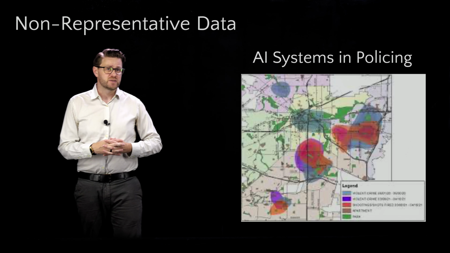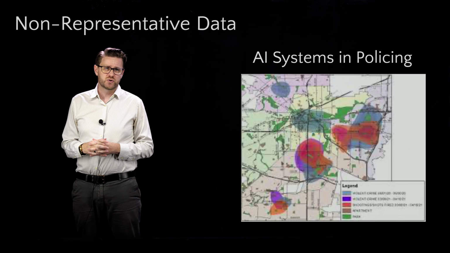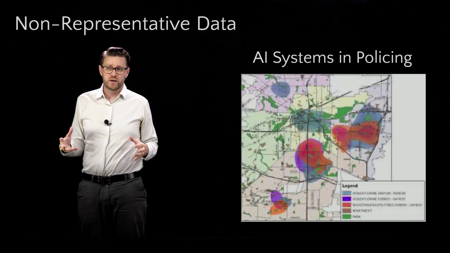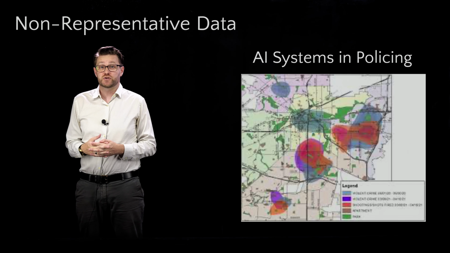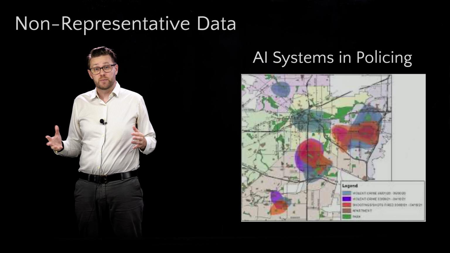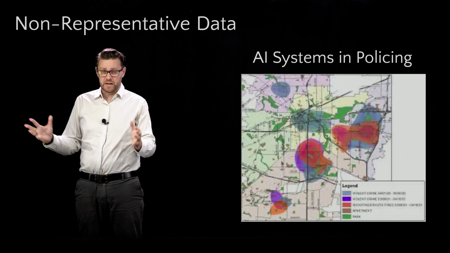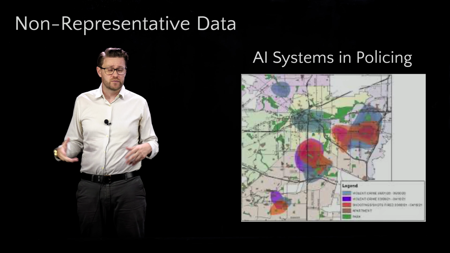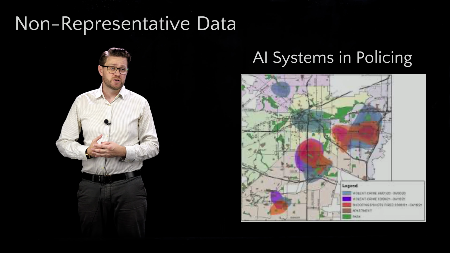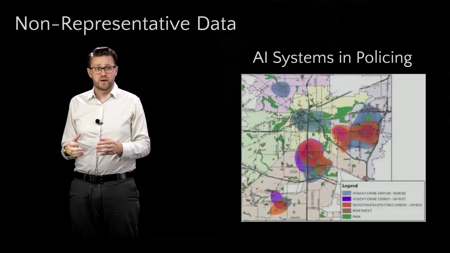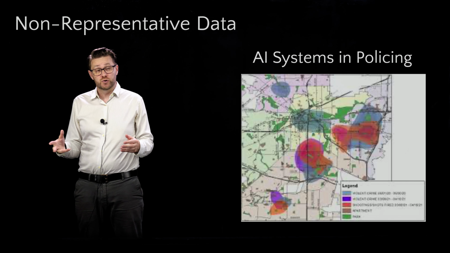Well, what happens is the story starts with discretion. So police have a lot of discretion about who they're going to stop and who they're going to search and where they're going to look. And if they're looking in areas that are, for example, poorer, which is a lot of times what happens, they're going to find more crimes just because they're looking more.